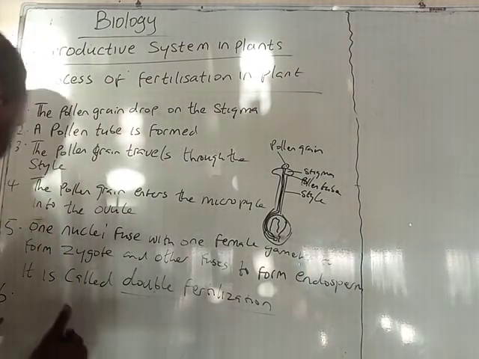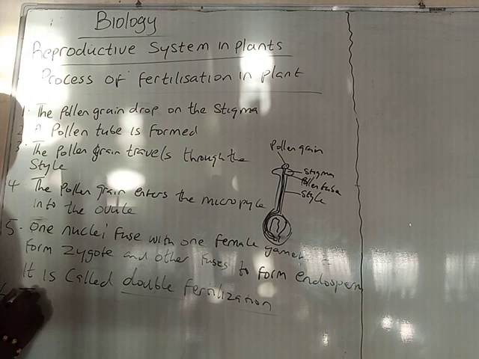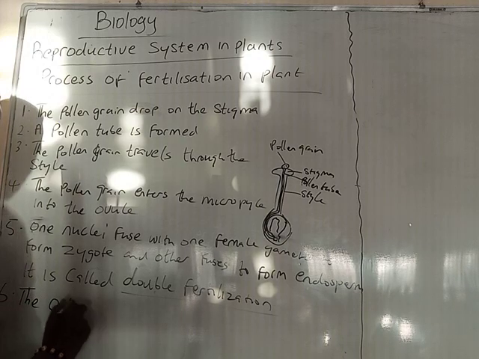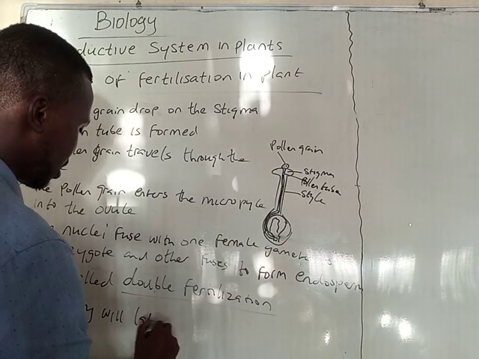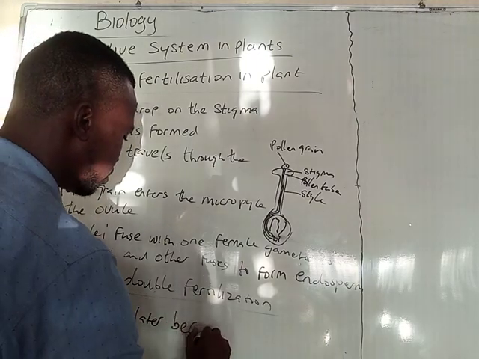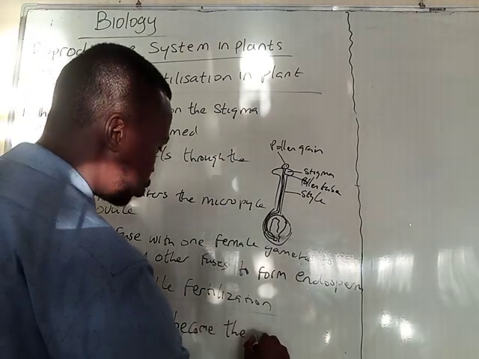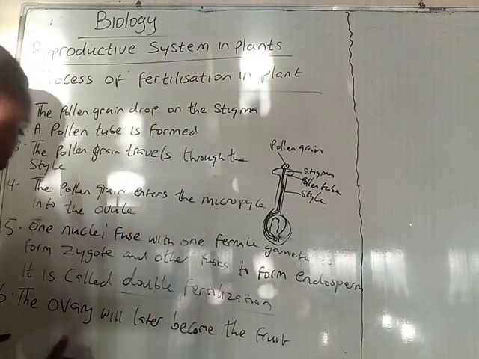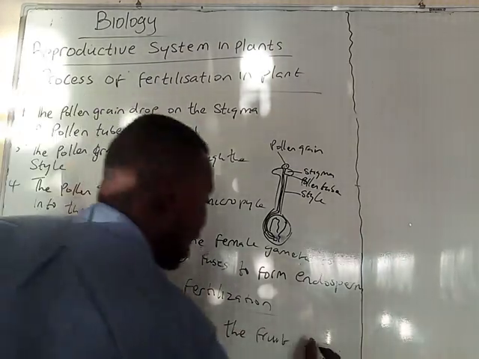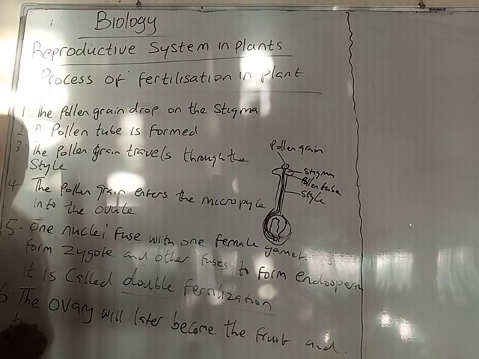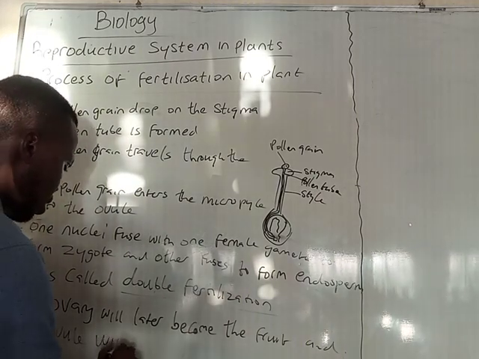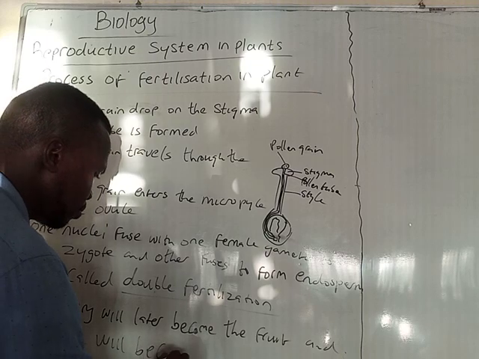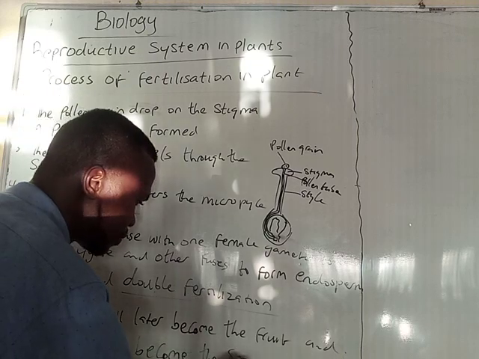So finally now, the ovary will later become the fruit, and the ovule will become the seed.